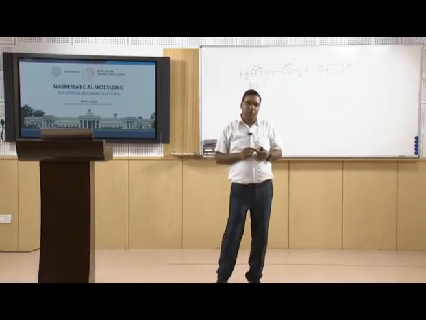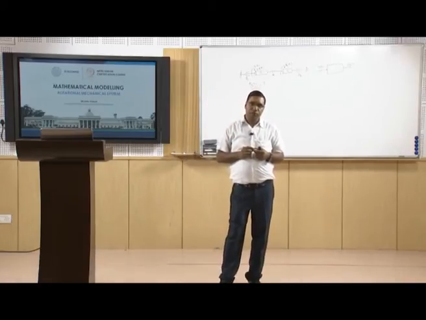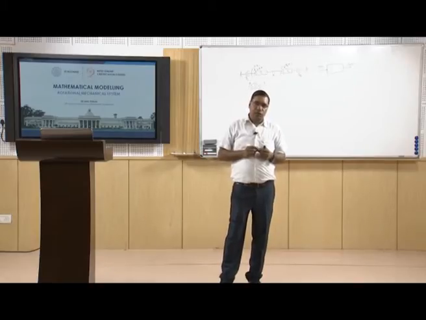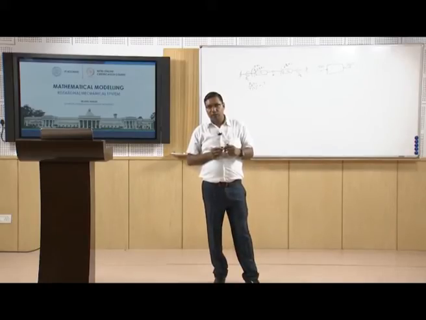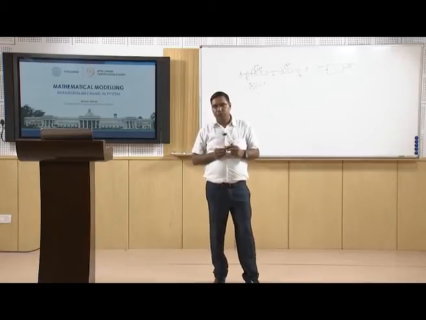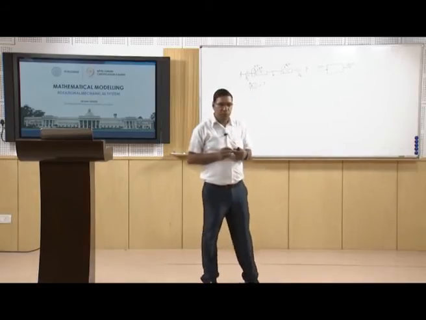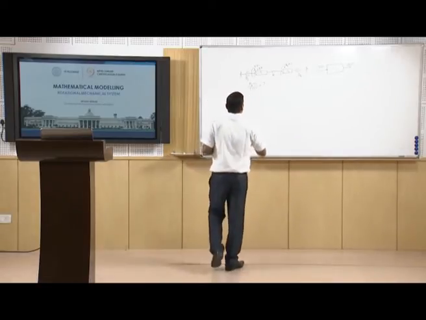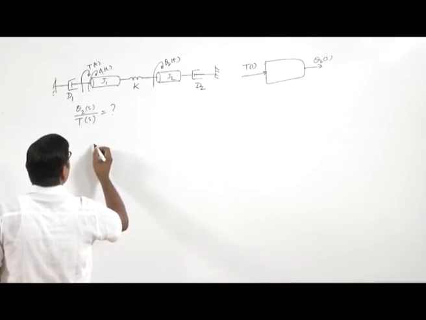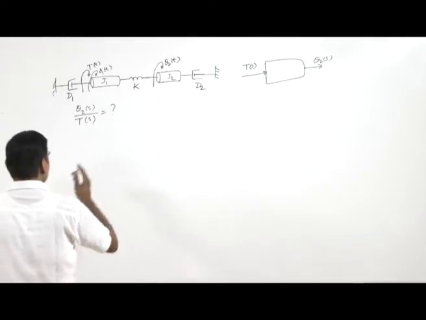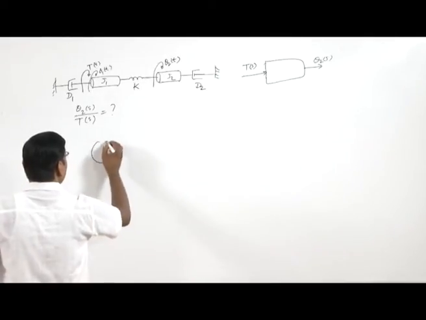we will make the free body diagram and apply Newton's second law in the rotational degree of freedom, and then we find the differential equation of motion of this system. So, let us take first this inertia J1.